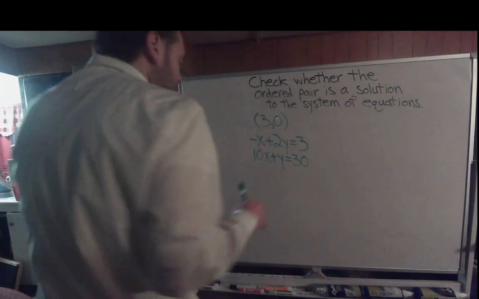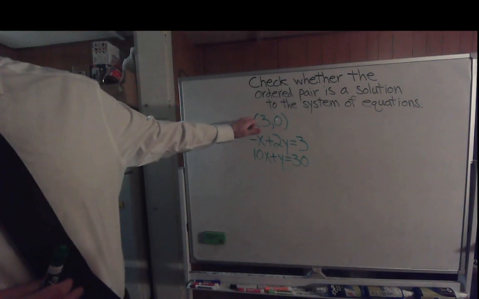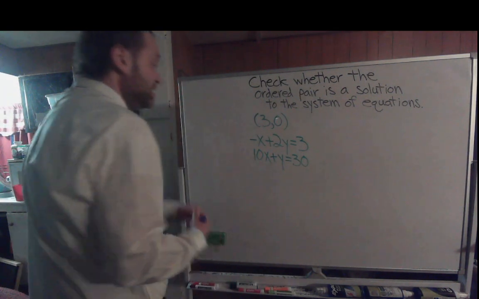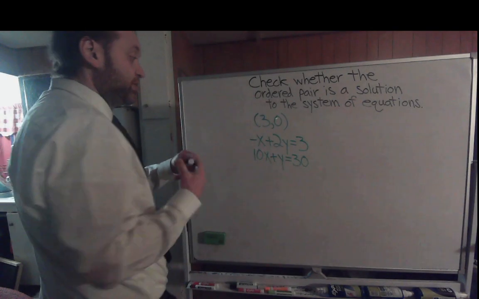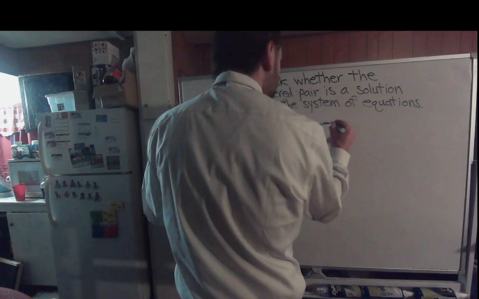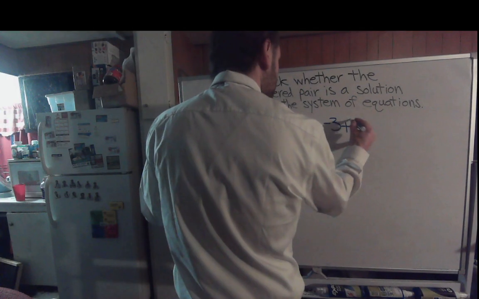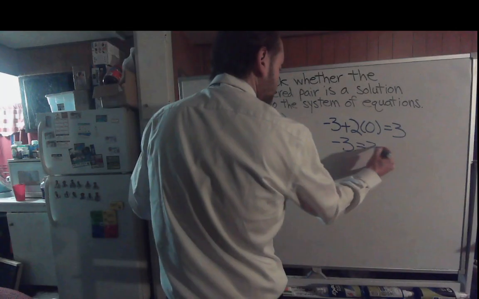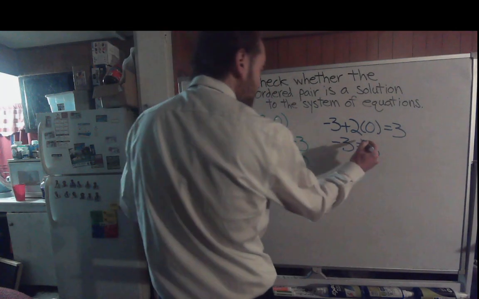Alright, so is the point (3, 0) a solution to this system of equations? Well, let's find out. Put in your x value of 3 at x, you would actually get -3 plus 2 times your y value of 0. Set that equal to 3. Well, you would just get -3 equals 3. Well, -3 does not equal 3.